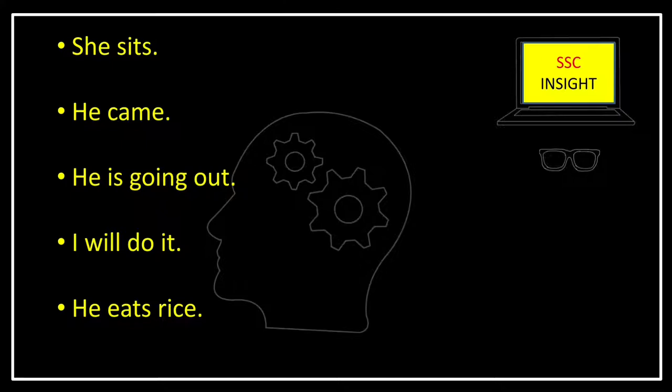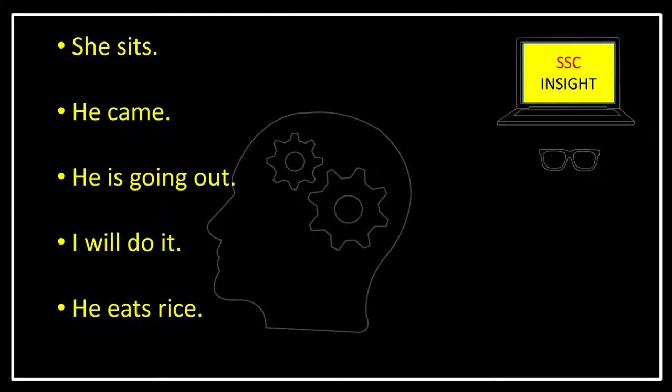But in case of the last two examples, I can do it. He eats rice. These sentences consist of an object. If I want to convert the fourth sentence into passive voice, that is, I will do it, it will be done by me. The last one, he eats rice.